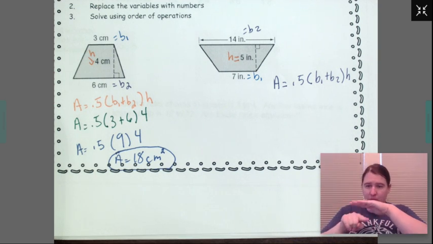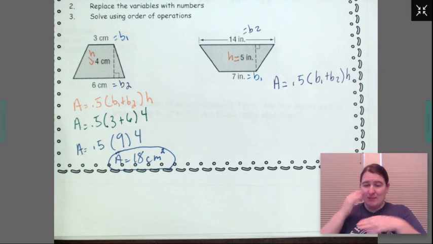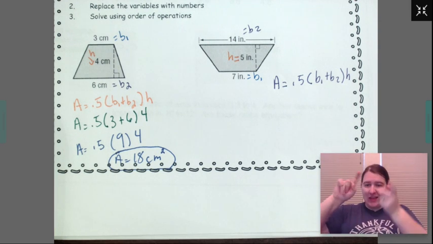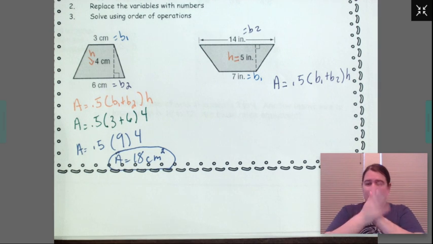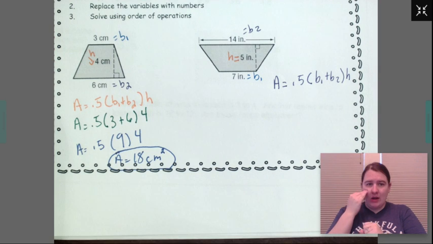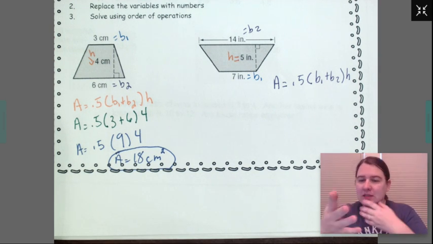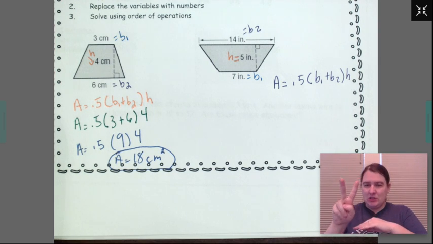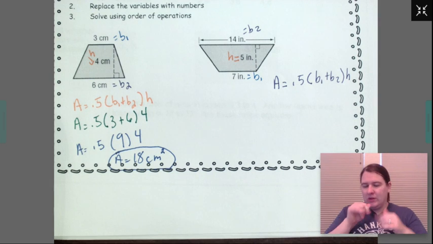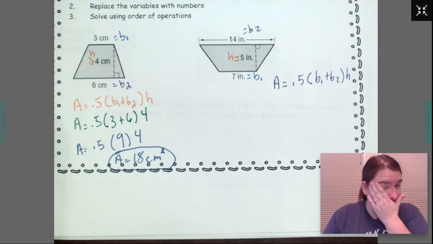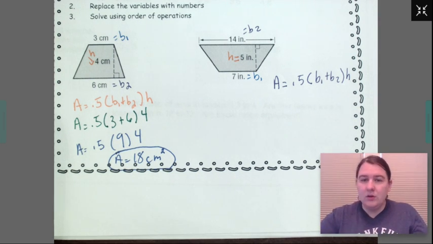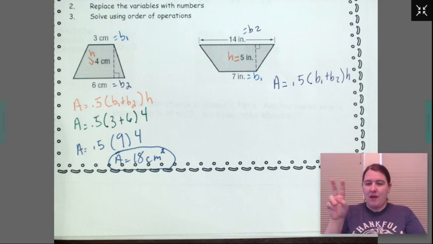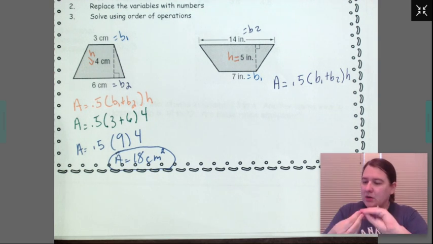I labeled base 1 at the bottom because my shape is upside down. It's been turned. So I know what it's supposed to look like, so I just changed. But truly, it doesn't matter which is your base 1 or base 2, because you're only adding. Okay, now I'm going to replace my variables with numbers.